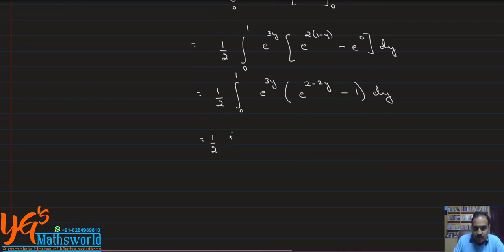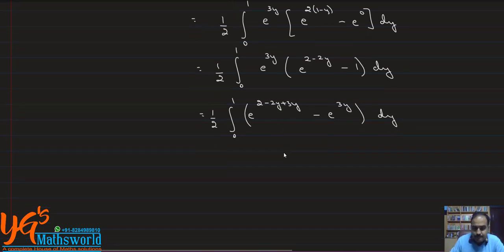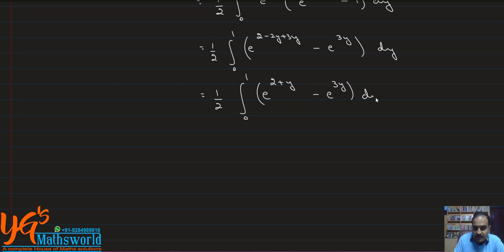So 1 by 2, 0 to 1, e raised to power 2 minus 2y plus 3y, minus e raised to power 3y, and then dy. So it will be 1 by 2 integral 0 to 1, e raised to power 2 plus y, minus e raised to power 3y, and then we have dy.